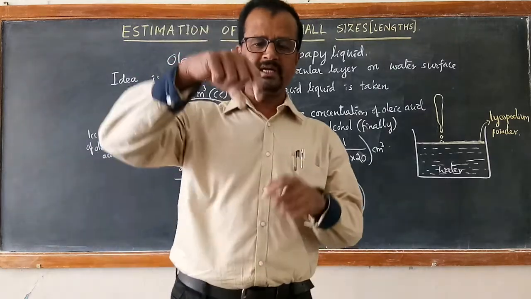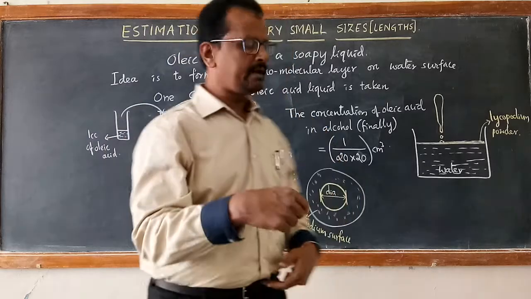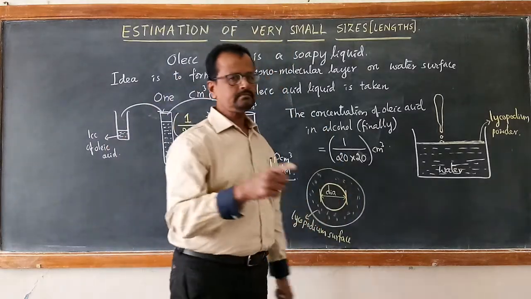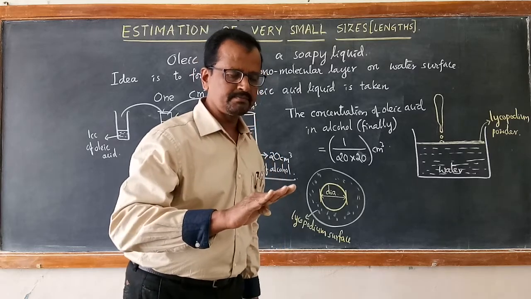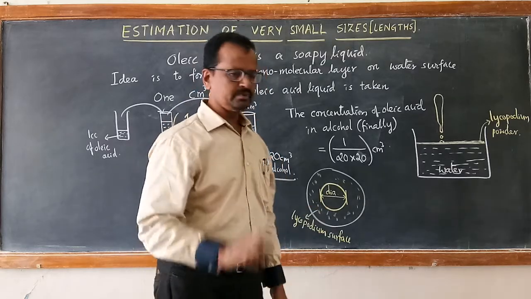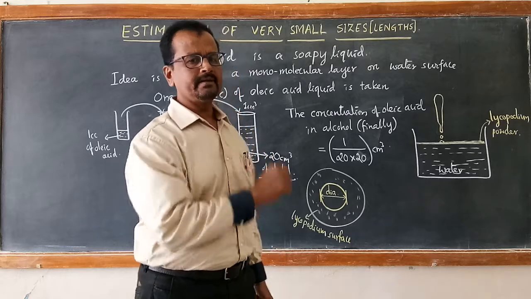Using a divider, one can measure the diameter. Or even a graph sheet can be taken and pressed slowly on the surface, with the help of which we can measure the diameter.